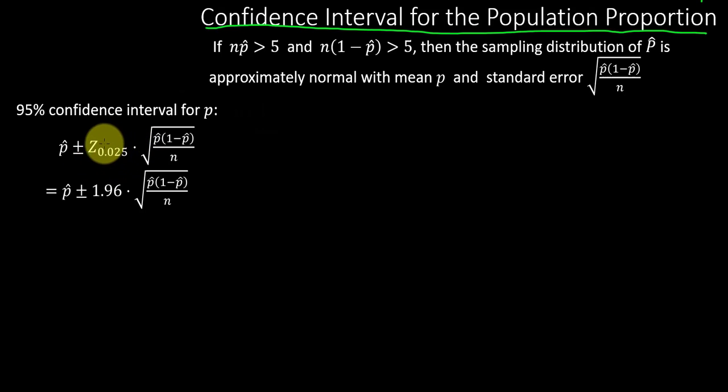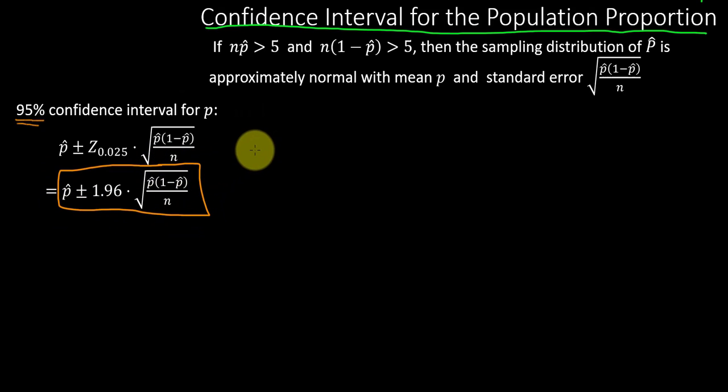So this is the z value such that 0.025 is in the right tail. And I'm using a 95% confidence here because that is quite typical. And then that z critical value is multiplying the standard error. So I'll go ahead and put that in a nice little box there.